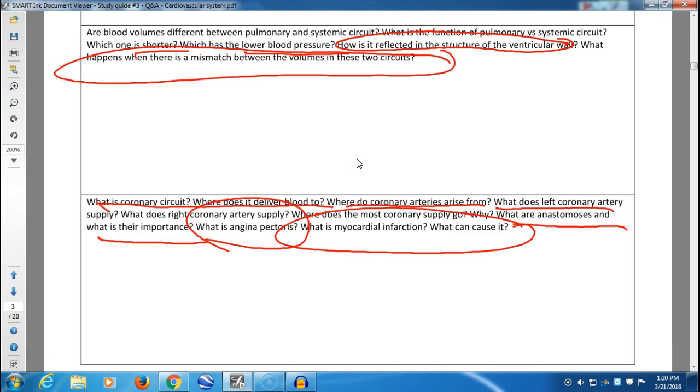Causes of myocardial infarction. No, that's the consequence. What can cause myocardial infarction? Clot. What else? Sudden constriction of blood vessels, coronary blood vessels, coronary atherosclerosis, or basically a mismatch between the supply and demand.